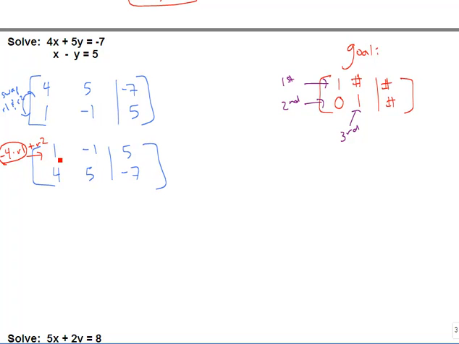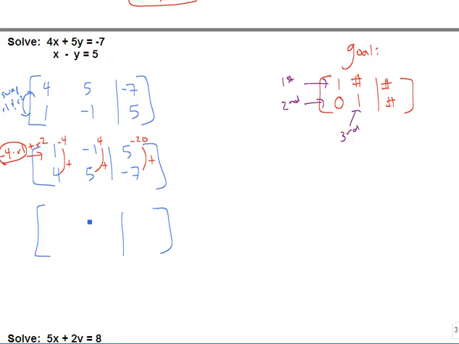So let's first multiply this top row by -4. So 1 times -4 is -4. -1 times -4 is +4, and -4 times 5 is -20. Now we're going to add that answer to our bottom row. Now, where do we put our answer?